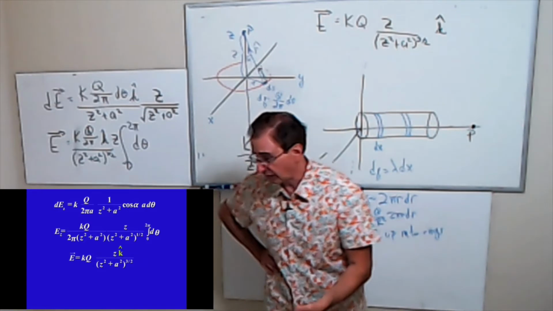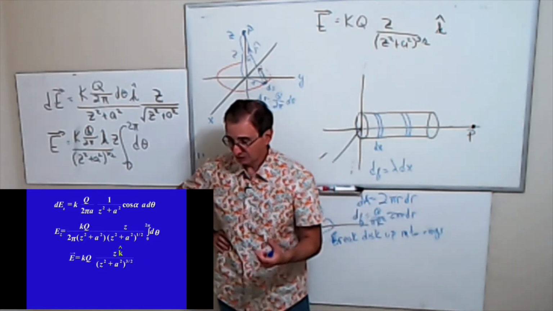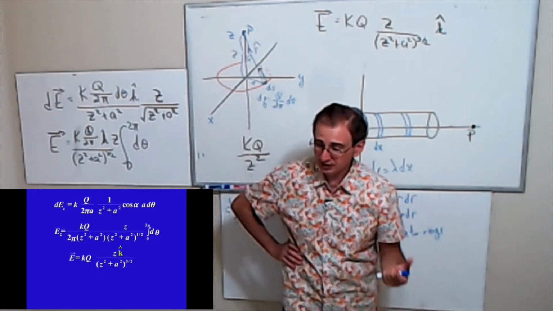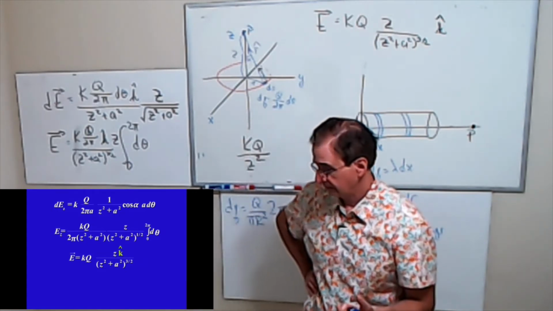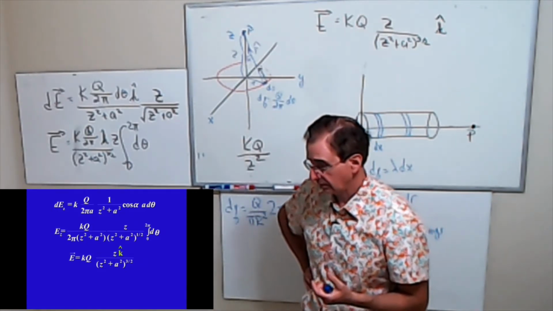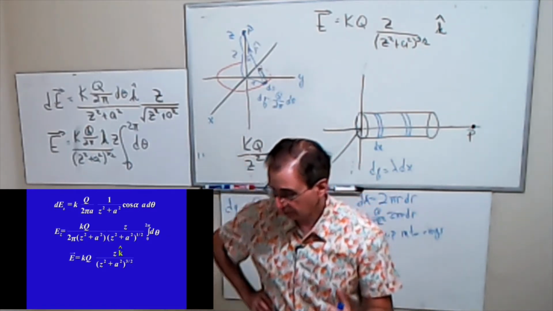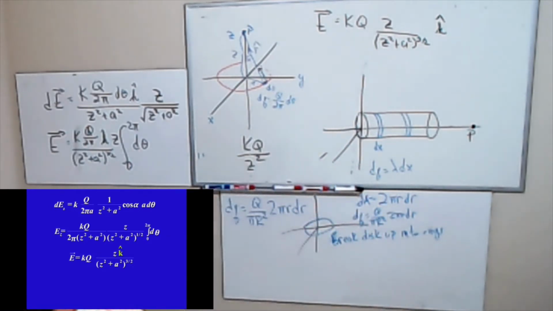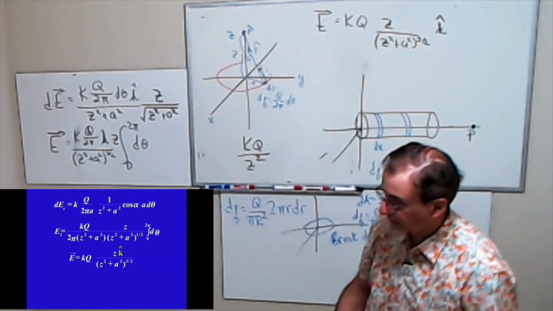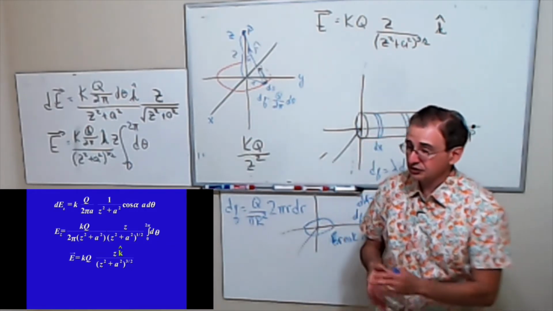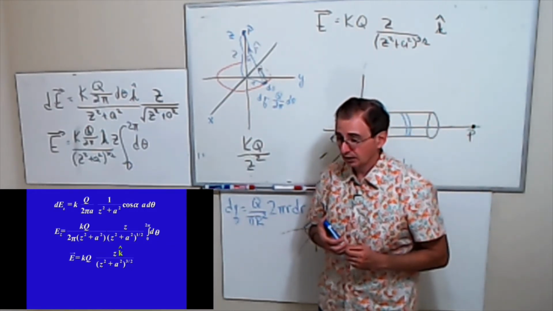There is a homework problem where you do a ring where the charge distribution is not uniform. Pay attention to problem number 9 in the homework because you get practice on those. And then take a look here, 14. In 14, you do a ring where the charge distribution is not uniform.